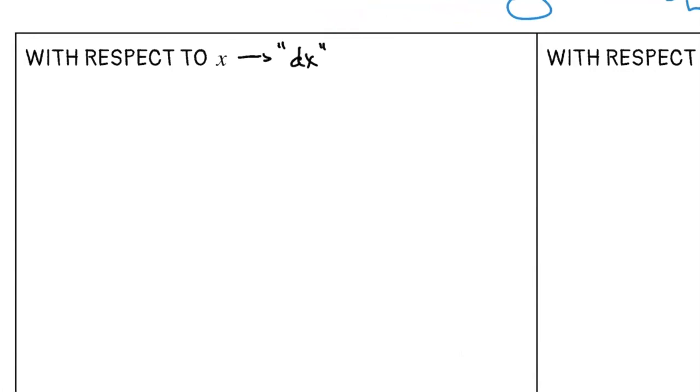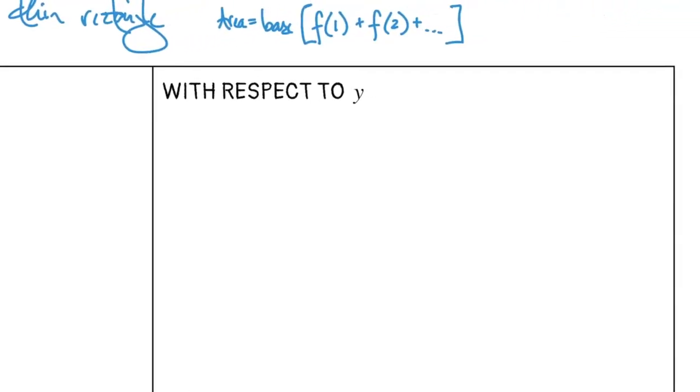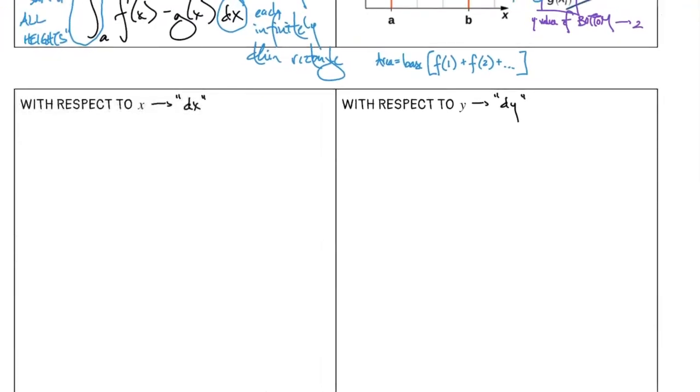In contrast, if I wanted to do something with respect to y, I would have a dy at the end. We're going to leave the dy for a little bit, but I want us to fill in some information about the dx part.